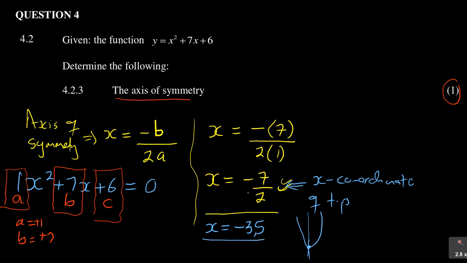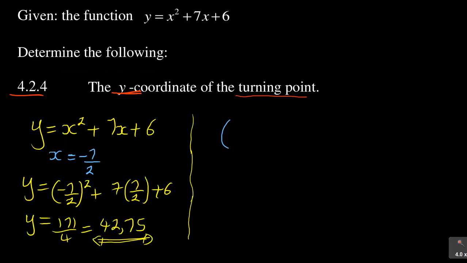So x is equal to minus 3,5, and the other one will be 42,75. These are the coordinates of the turning point of this particular question.